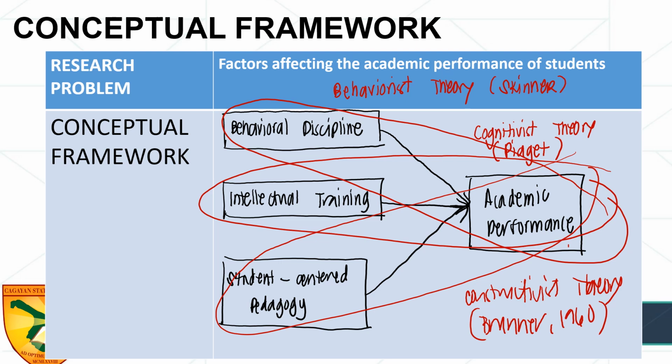So as you can see here, there is no one theory that can actually frame your research problem or your variable. So it's a collection of theories, and we call this your conceptual framework because you have several concepts there that explain your research problem.